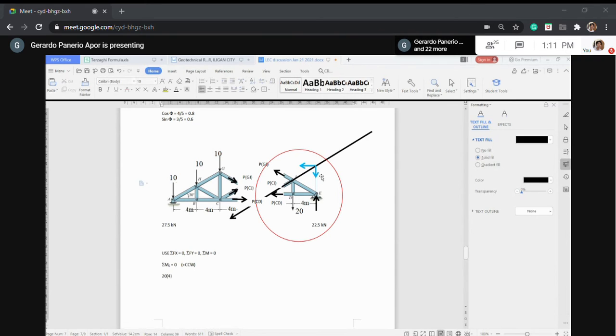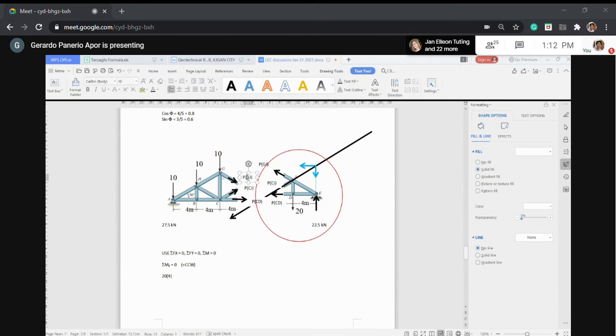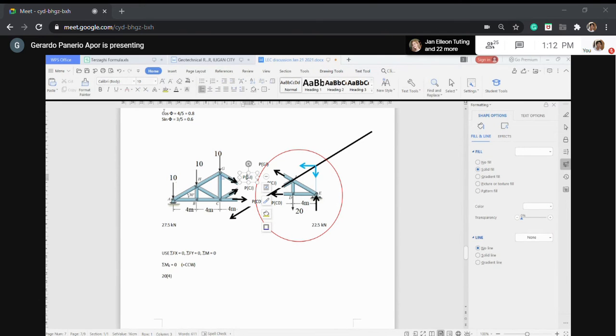Okay. This is what we call the sine of theta PCG, and this one is cosine of theta PCG. So this one here is 20, because cosine of theta is 4/5.